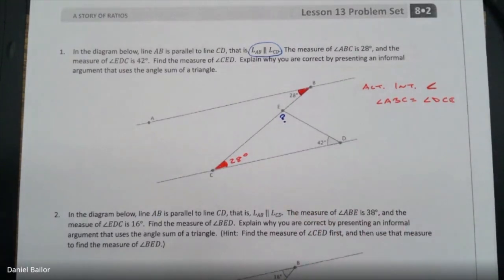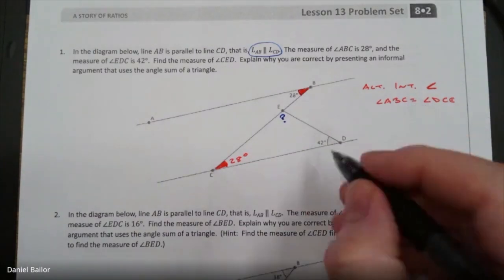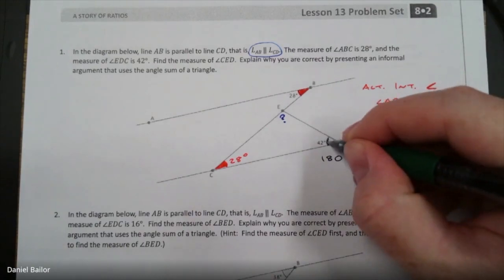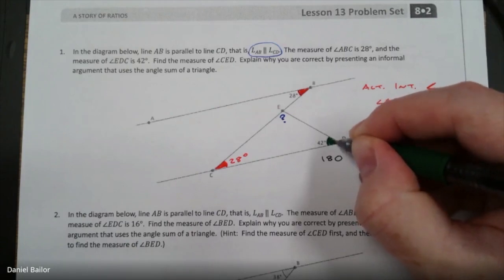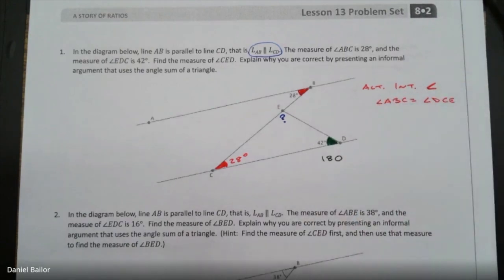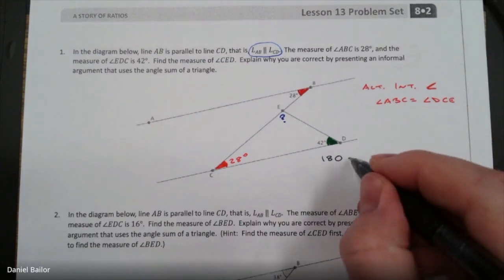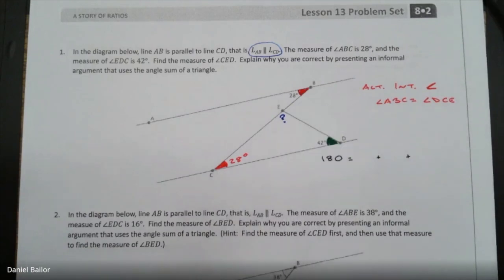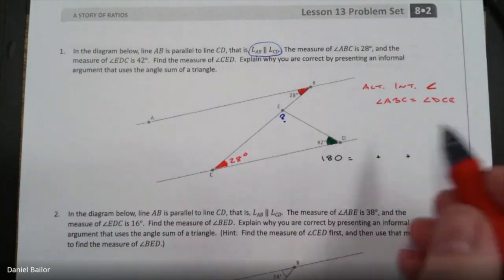Well, you know that all triangles equal 180 degrees. I'm making this angle blue, this angle green. So if all triangles equal 180 degrees, then the three angles on the inside should equal 180 degrees.